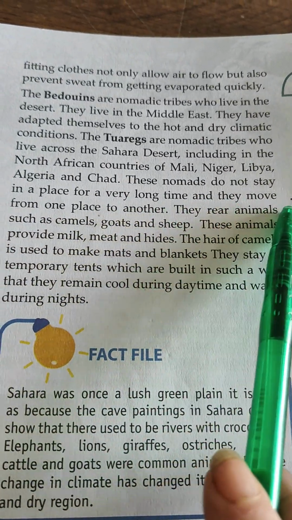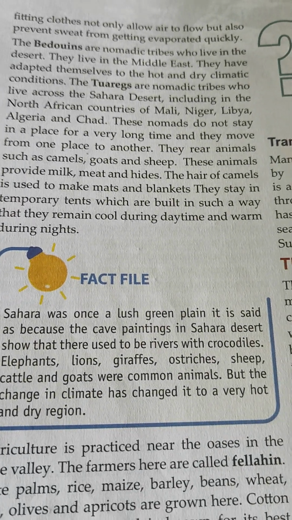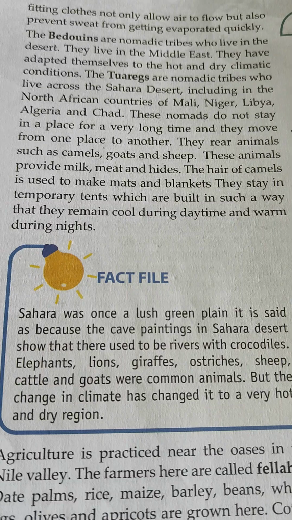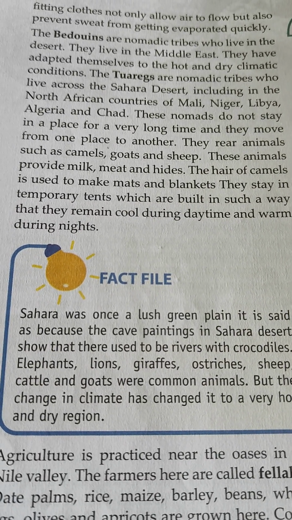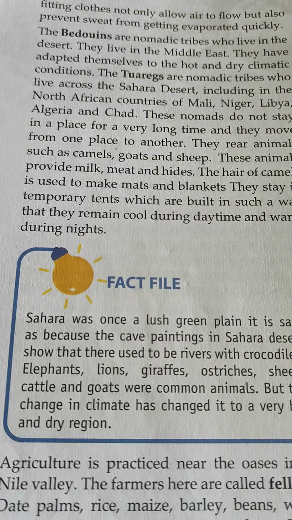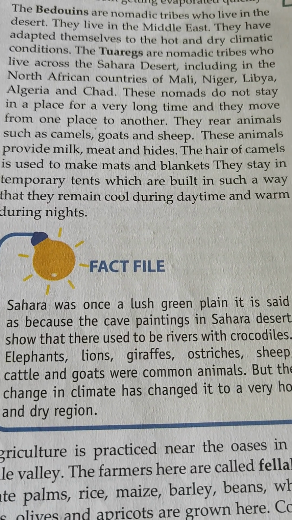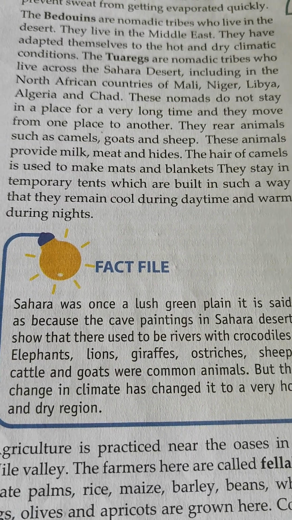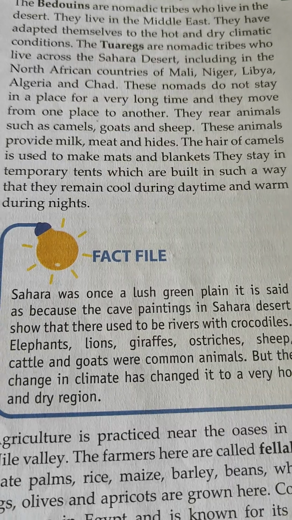The nomads do not stay in one place, as you read in history. They rear animals like camel, goat and sheep, which provide milk, meat and hides. Most of the time they travel at night, because in the daytime there is so much heat.